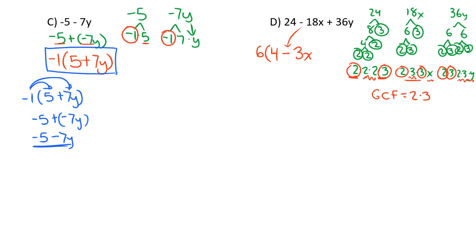And then 36y divided by 6 is 6y, confirming 2 times 3 is 6, and we have a y. So we have broken this up and factored out our greatest common factor.